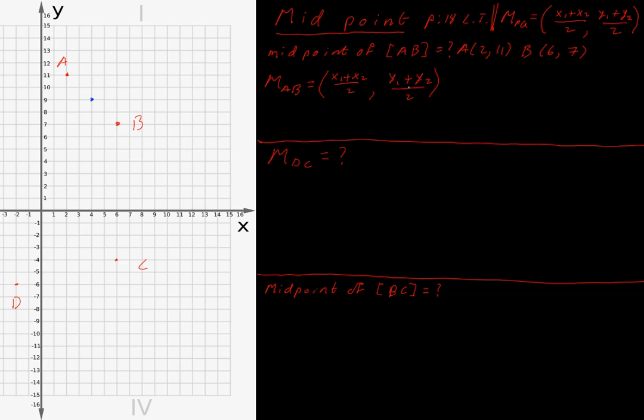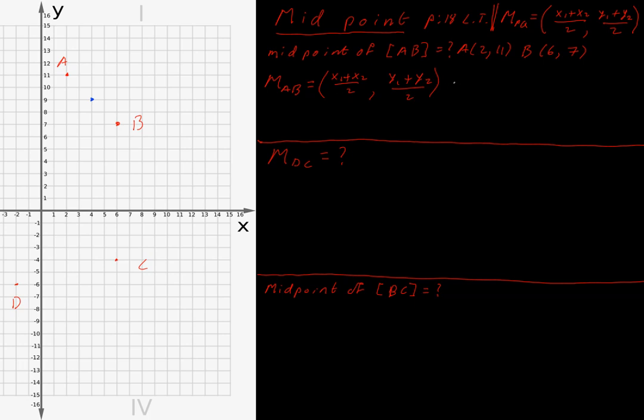And I can see that this is brackets with a comma in between. Why is that? Because this is the coordinates of a point. So this has brackets around it and a comma in between, for the same reason as we have brackets around 2 and 11 here with a comma in between. This is going to give me the location of a point, the coordinates of my blue point here.